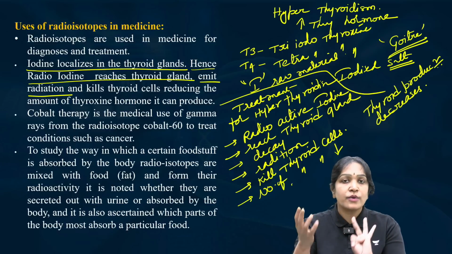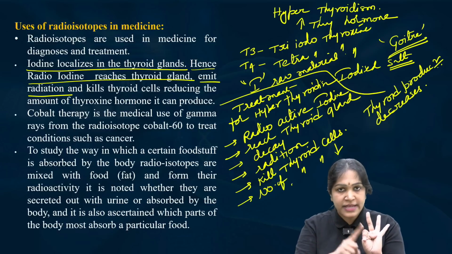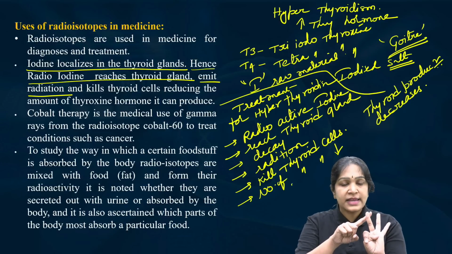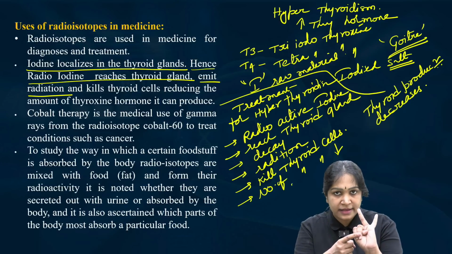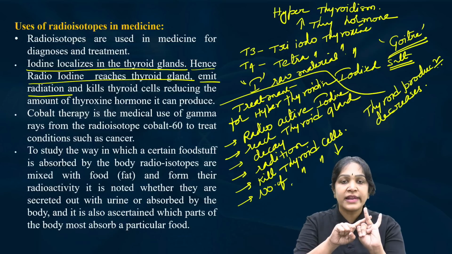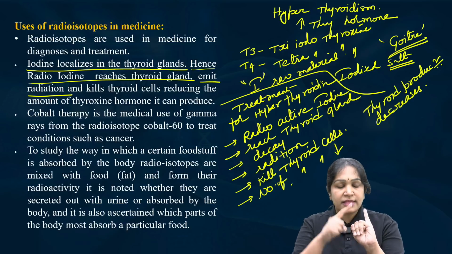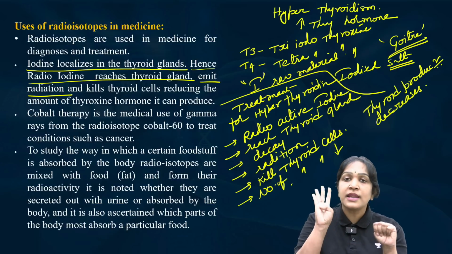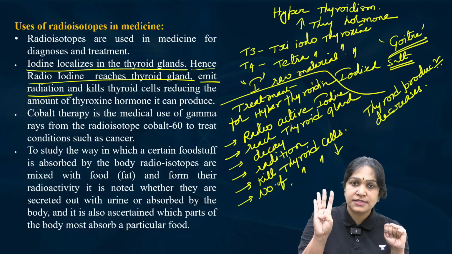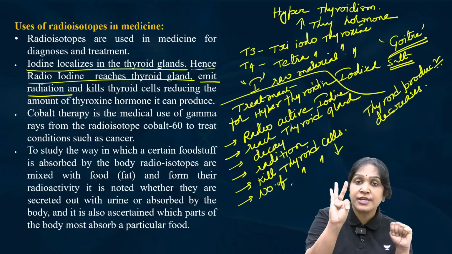Thyroid is where the iodine is used. So it will reach thyroid. And then the radioactive iodine will undergo radioactive decay there. The decay will release radiation. The radiation will kill a few thyroid cells. Now the number of thyroid cells decreased. So the thyroid production decreases.